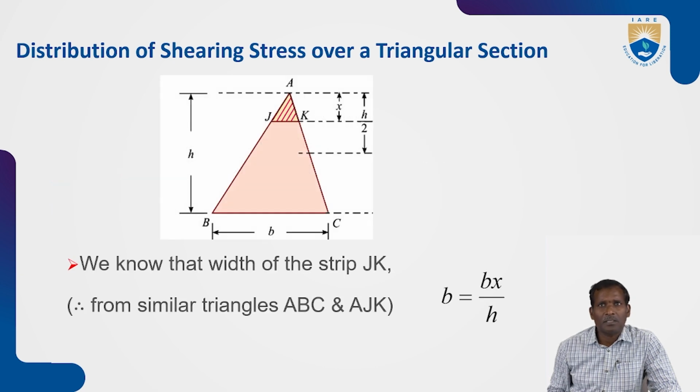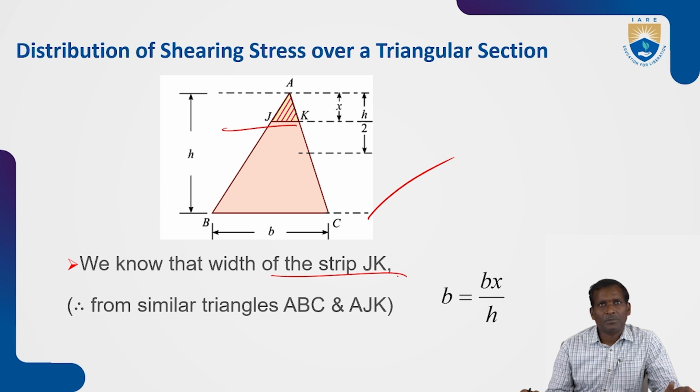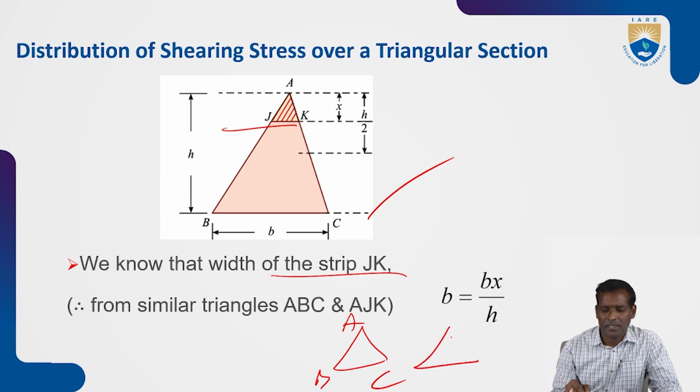So for this, in the diagram shown here, the triangular cross section, we know that the width of the strip is JK. From similar triangles, one is ABC, another one is AJK, the shaded portion.